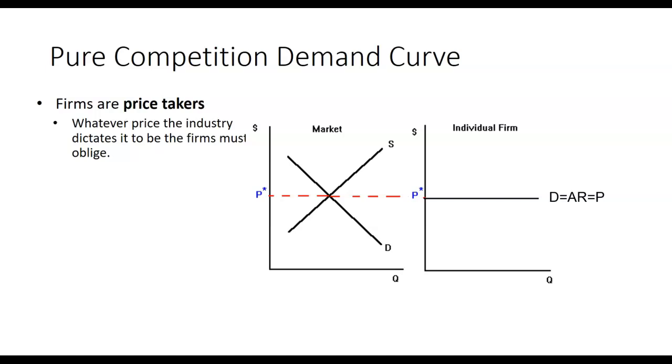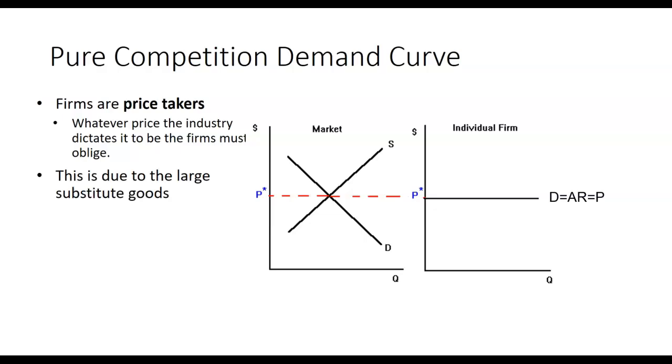So if we carry that line across, we come up with the firm's demand curve. It's called a side-by-side graph. You can imagine why. You have the market on one side, and then you have the individual firm on the other. There's no standard way as far as which goes on the left and the right, but my default is what you see here. On the right-hand side, I have demand equal to average revenue equal to price, so DARP.